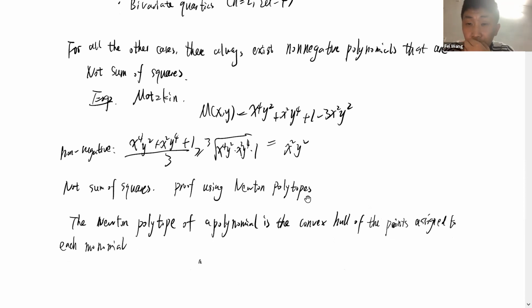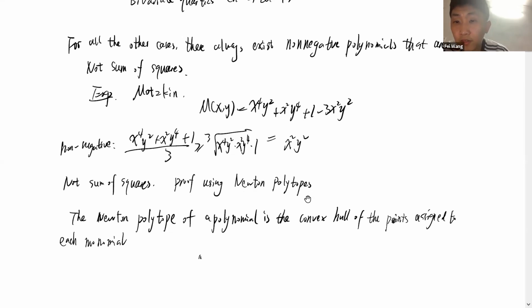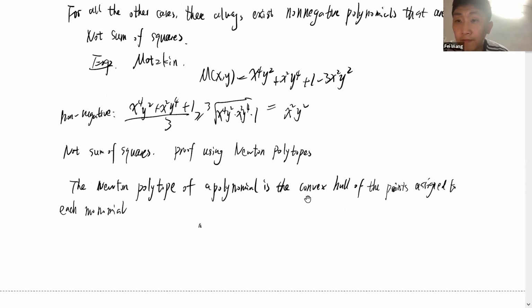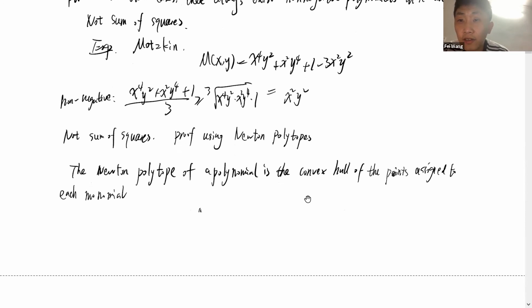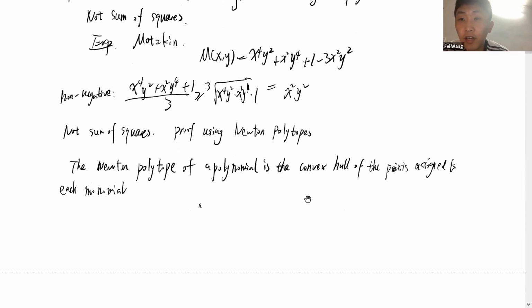We use the so-called Newton polytope to prove this claim. So what is the Newton polytope? The Newton polytope of a polynomial is the convex hull of the points assigned to each monomial.